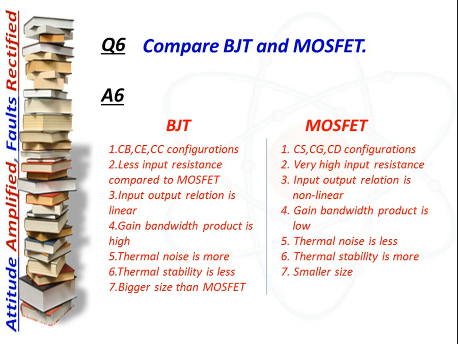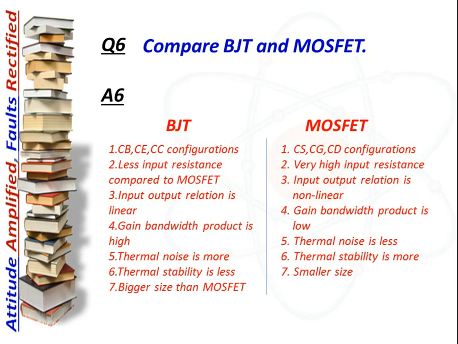BJT has less input resistance compared to MOSFET. MOSFET has very high input resistance. BJT has linear input-output relationship, but the MOSFET has non-linear input-output relationship.